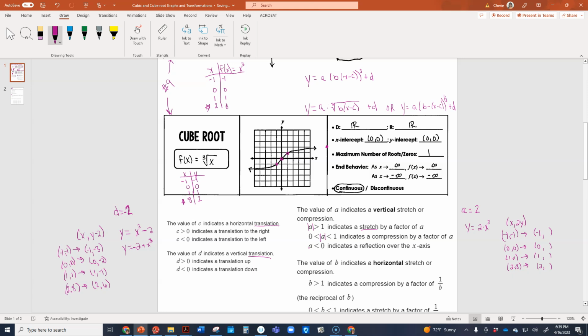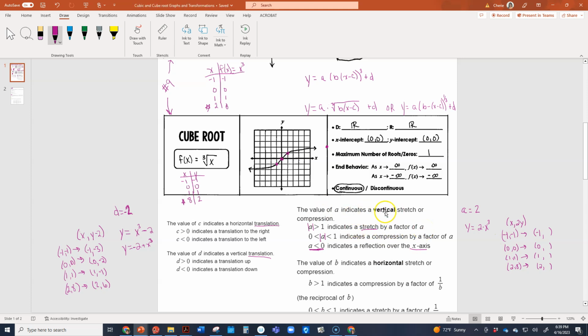If it was a -2, we would first indicate the reflection over the x-axis, but then we would also talk about it being a stretch, because 2 is a number that's bigger than 1. The negative is only used to determine if it has a reflection or not. So if I have a value of 2, 2 is a number that's bigger than 1, so we have a stretch by a factor of 2.